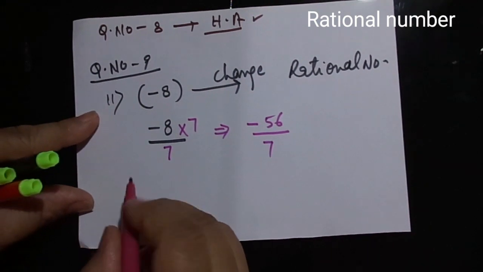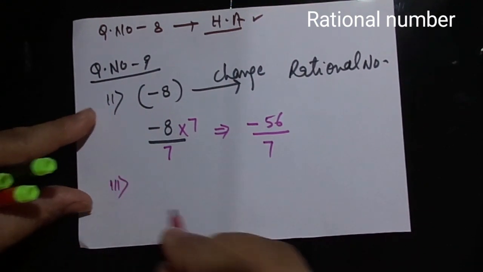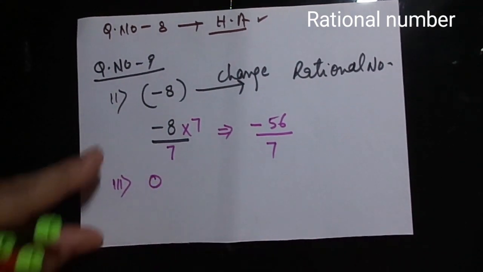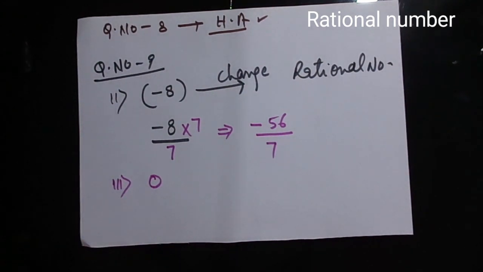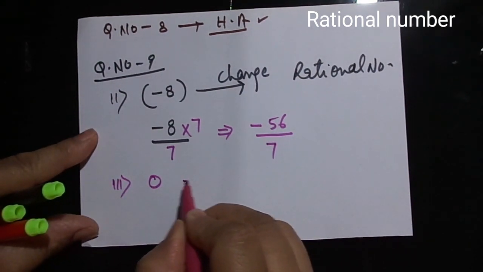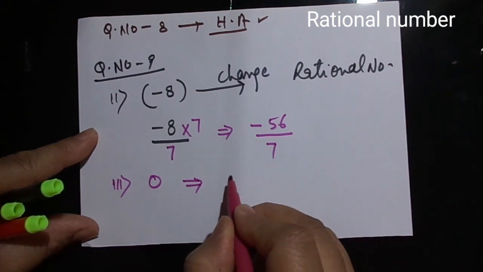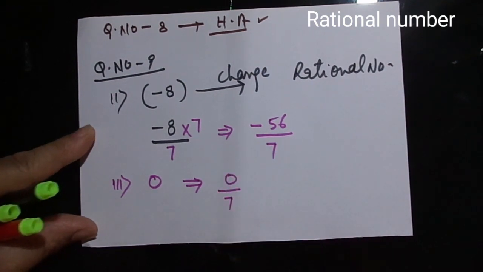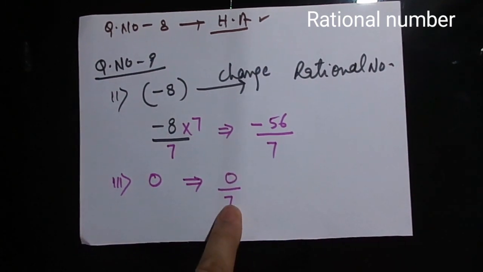Okay, let's do one more of them. For example, number 3, I'll do 0, and 0 should have a denominator 7. So I'll write 0 by 7.